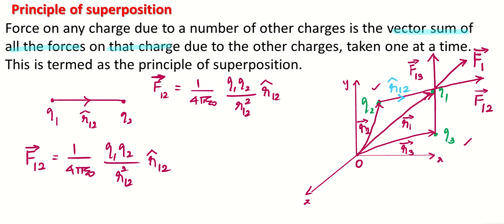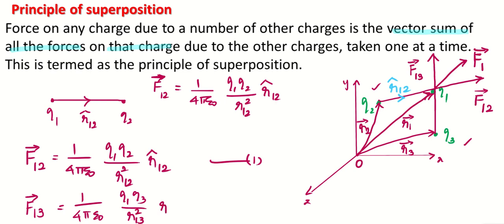Now write force on 1 due to 3. இது எழுதும்போது 1 by 4 pi epsilon naught Q1 Q3 divided by R13 squared R13 cap. Let this be equation 2. இங்க R13 எங்க இருக்கு? The line joining Q1 and Q3. So this will be R13 cap.